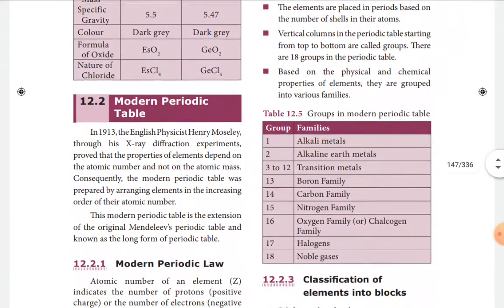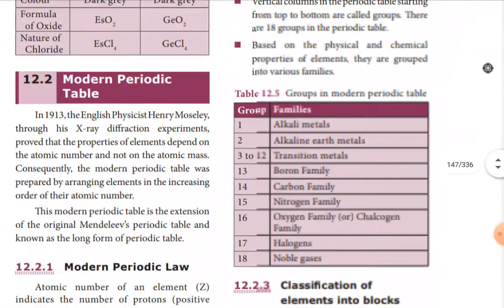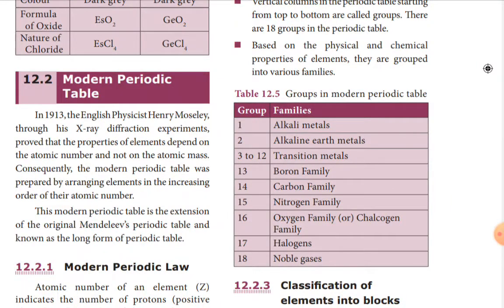So my dear students, now we are going to study the modern periodic table. This modern periodic table was devised by the English physicist Henry Moseley. In 1913, Henry Moseley, through his X-ray diffraction experiment, proved that the properties of the elements depend on the atomic number, not on the atomic mass.